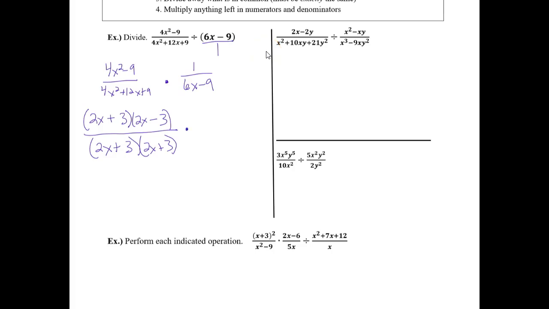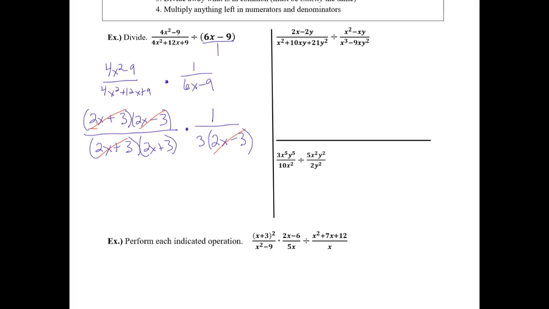On the next rational expression, 1 is as far as I can factor that. In the denominator, I can take out a GCF of 3. That would leave me with 2x minus 3. I look for any common factors. I see 2x plus 3 over 2x plus 3, and 2x minus 3 divided by 2x minus 3.